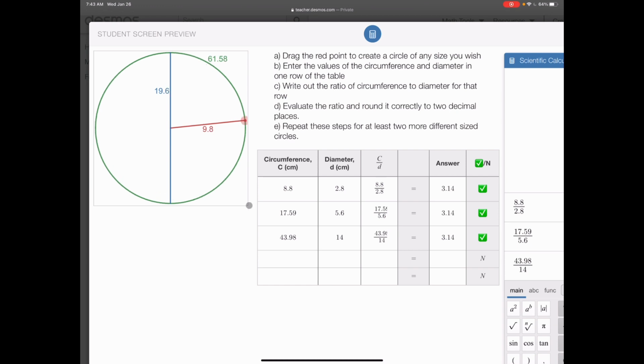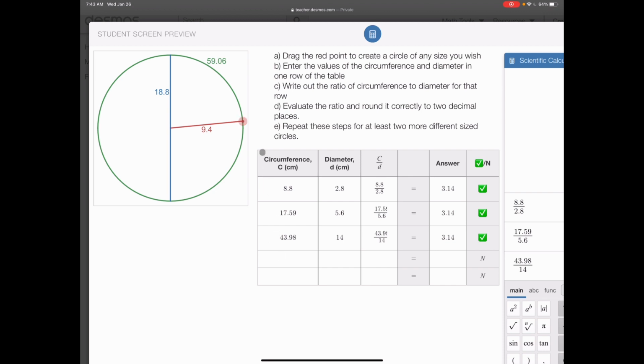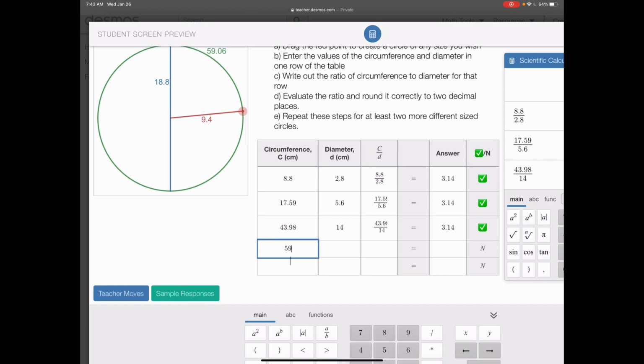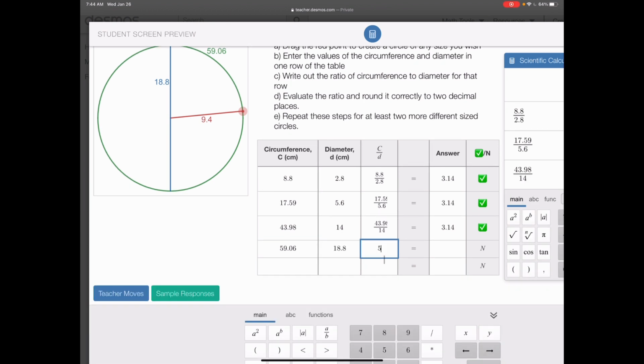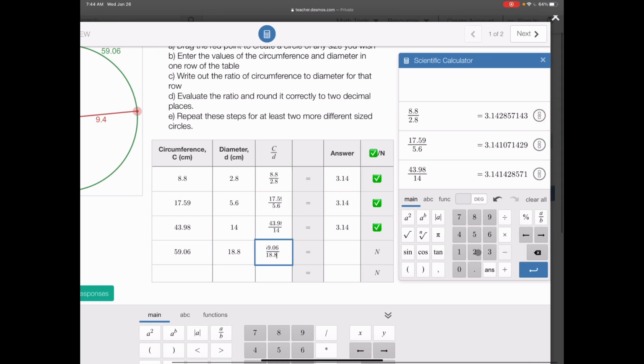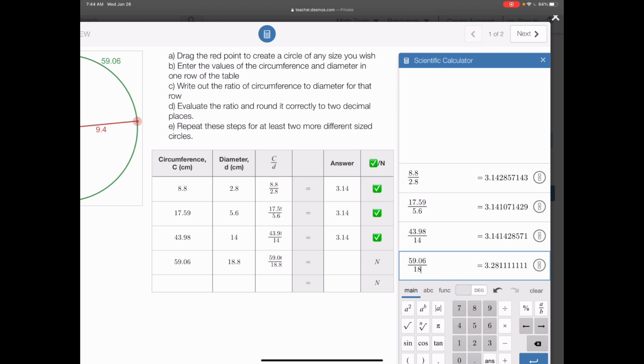Let's try, I don't know, 18.8. The circumference is 59.06, and 59.06 divided by 18.8 is, oh my gosh, 3.14.